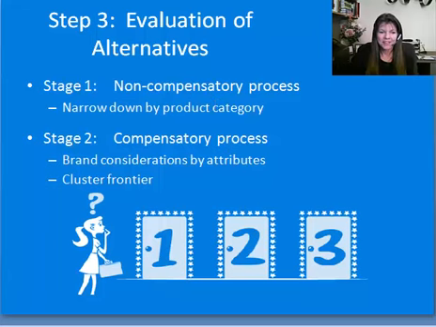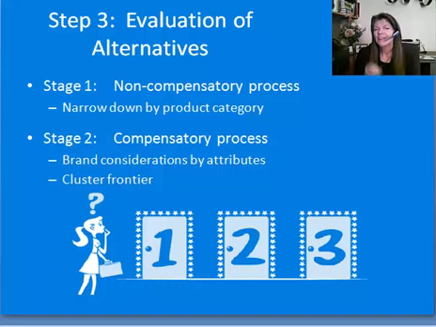Now, one more thing I want to talk about in this third step of evaluating alternatives. In the second stage of that step, where you're involved in the compensatory process of brand consideration by attributes, another thing that will affect your decision is what is called a cluster frontier. And this is cool because it usually only exists in your head. Not always, but usually.